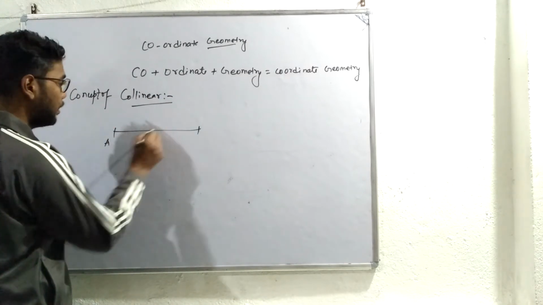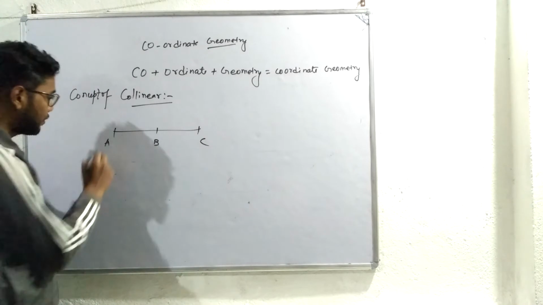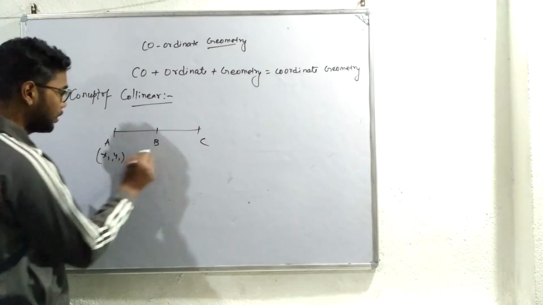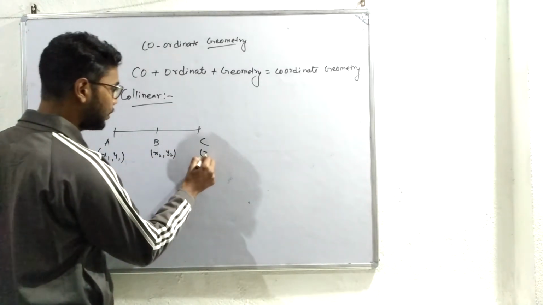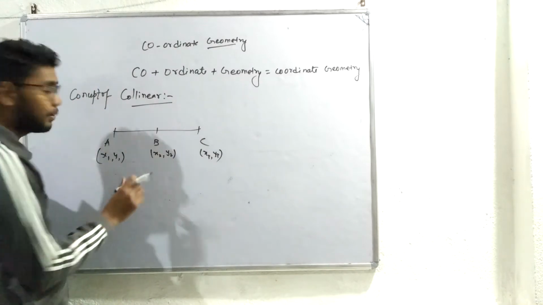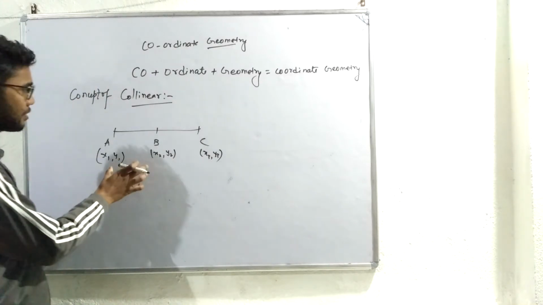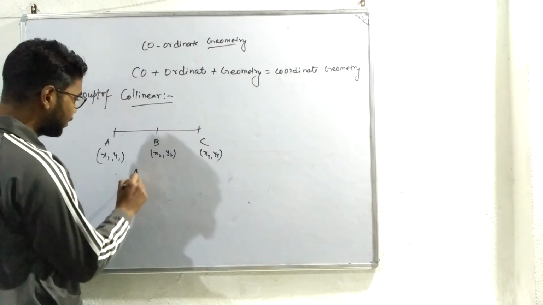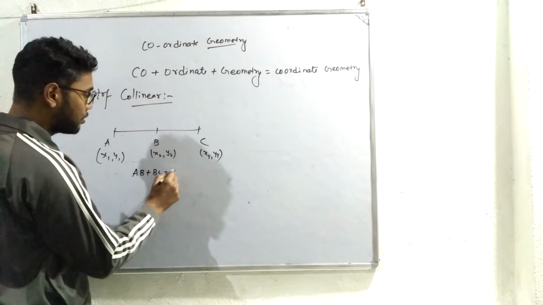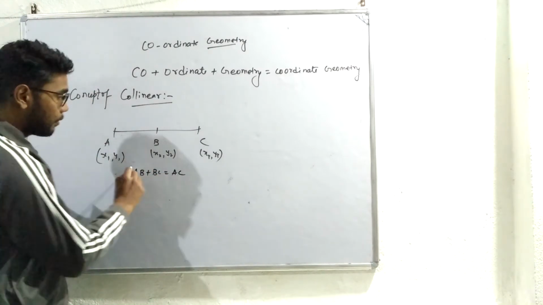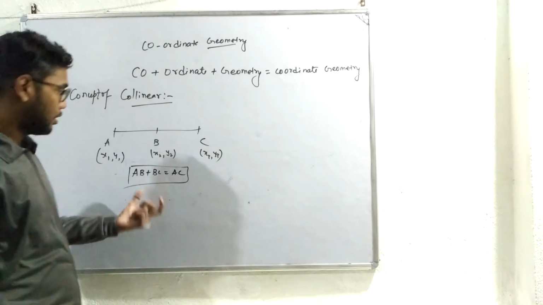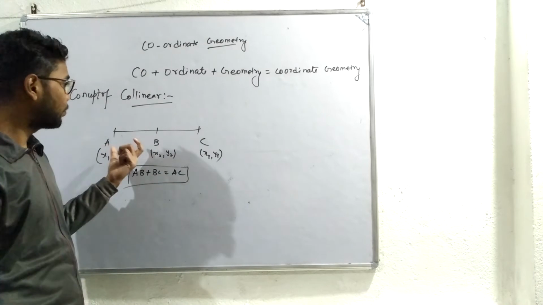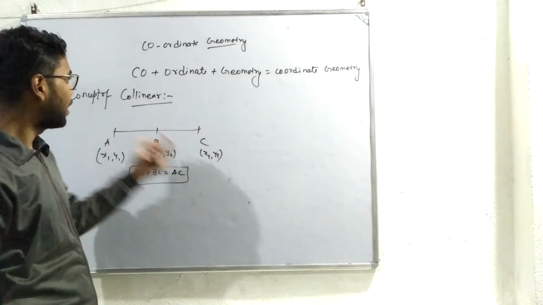If 3 points are located like this with coordinates x1 y1, x2 y2, x3 y3, and we measure the distances AB, BC and AC, and the result is AB plus BC is equal to AC, then we say that points A, B and C are collinear.